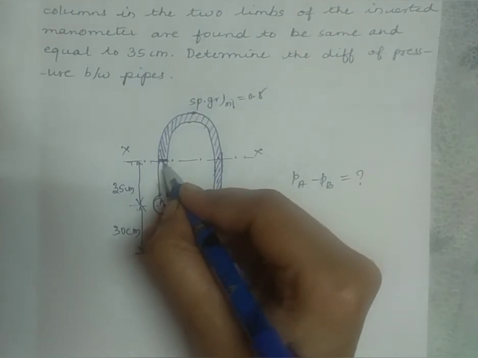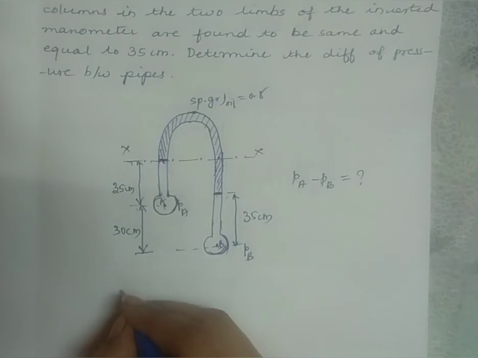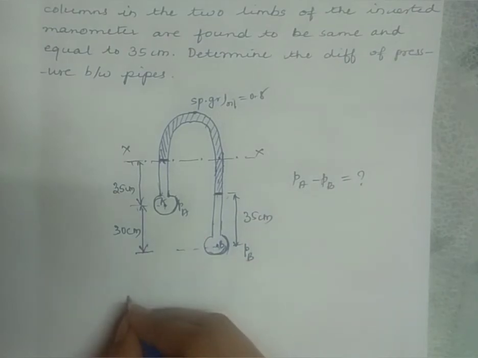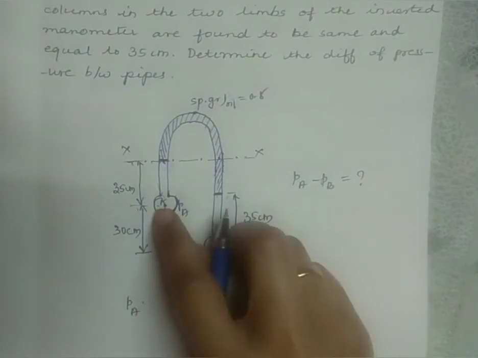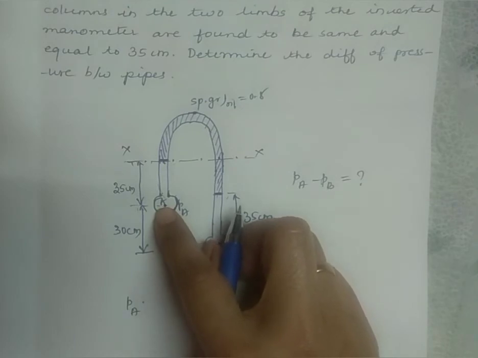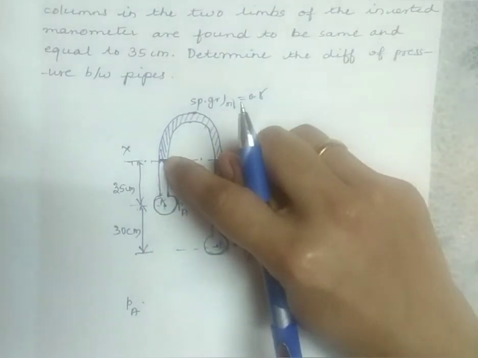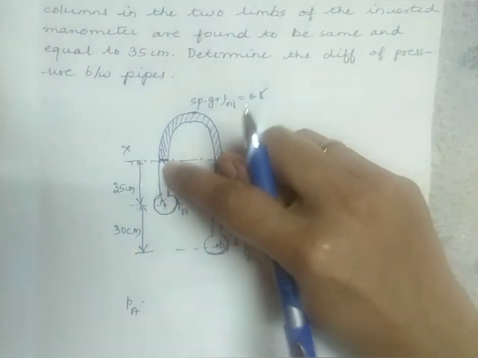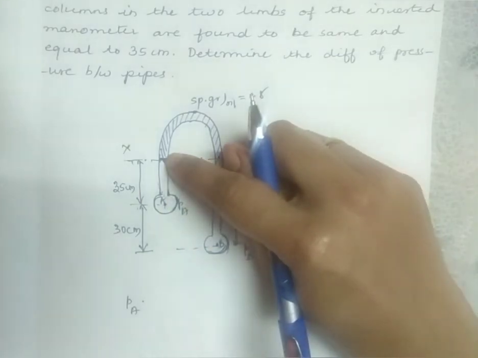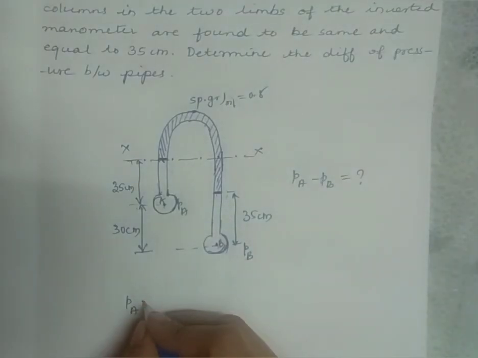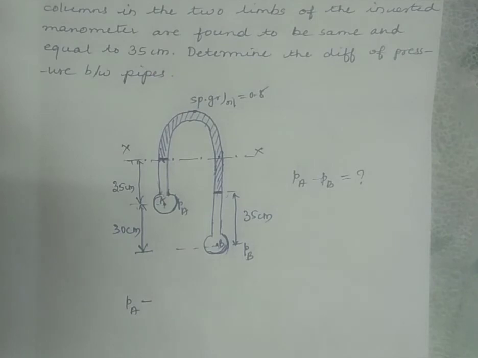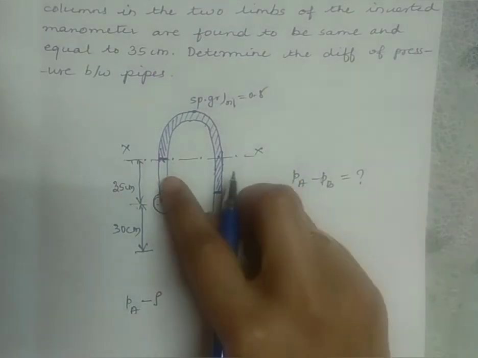How to find out the pressure? On the left hand side you have the pressure PA, isn't it? And I have to find out the pressure at this point. When you go up in the liquid, the pressure decreases, so I have to use the minus sign.